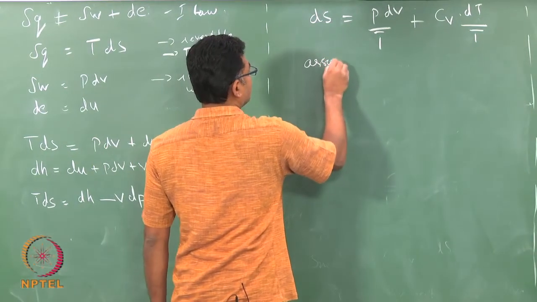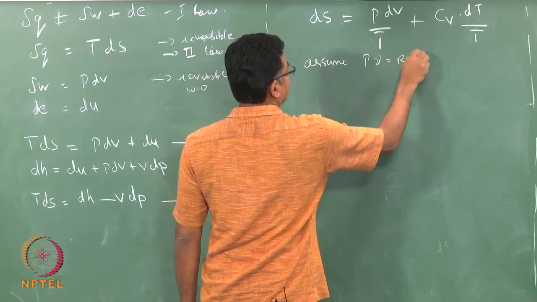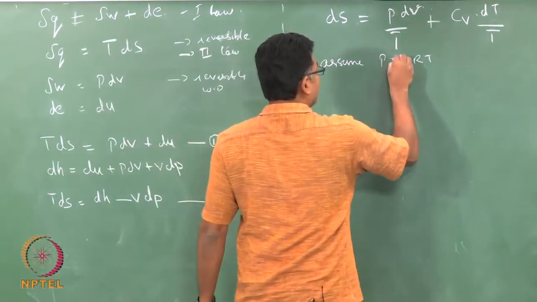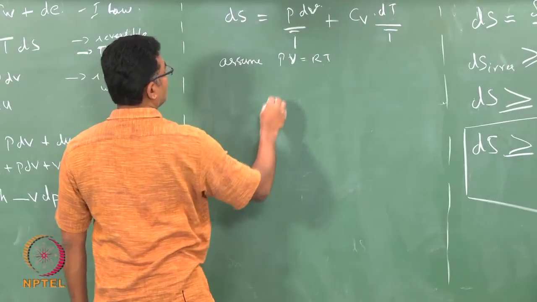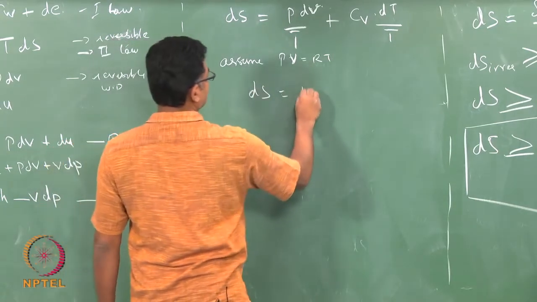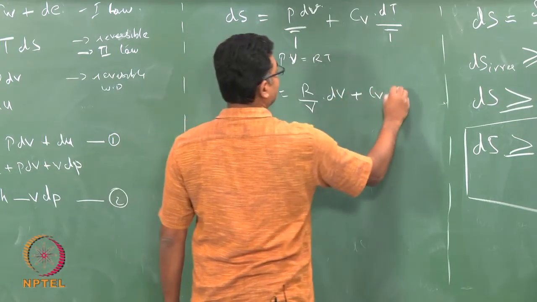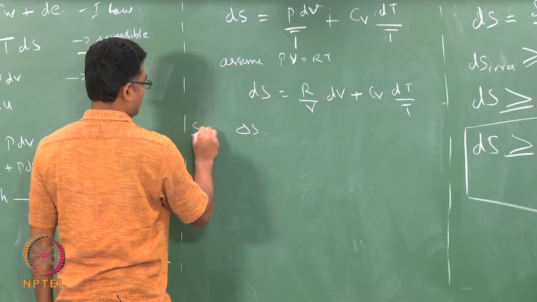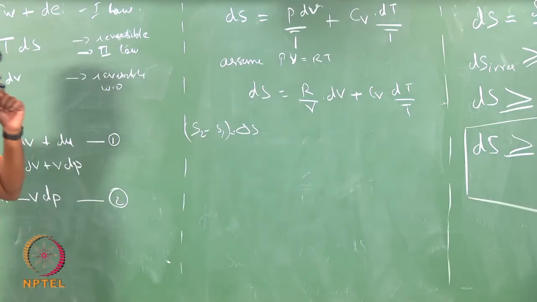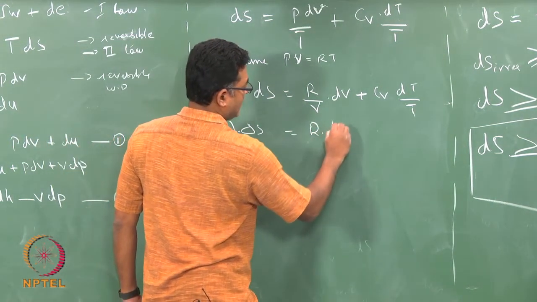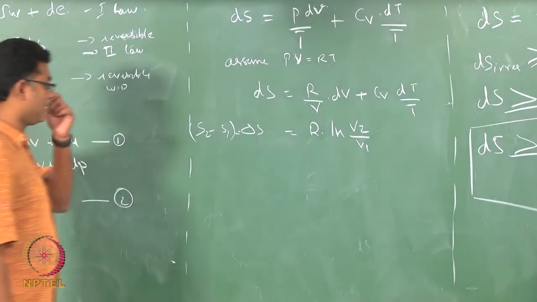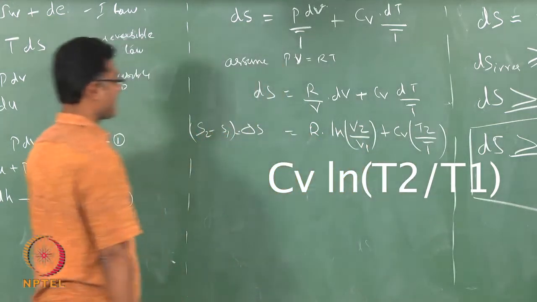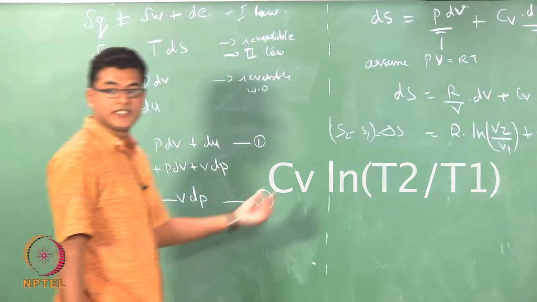If I assume PV equals RT, where these V's are all volume V's, my dS is R by V dV plus Cv dT by T. So my delta S, which is S2 minus S1 between 2 points, is R ln V2 by V1 plus Cv ln T2 by T1. So your change in entropy is this.